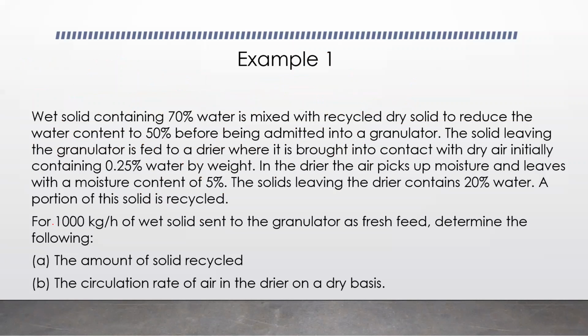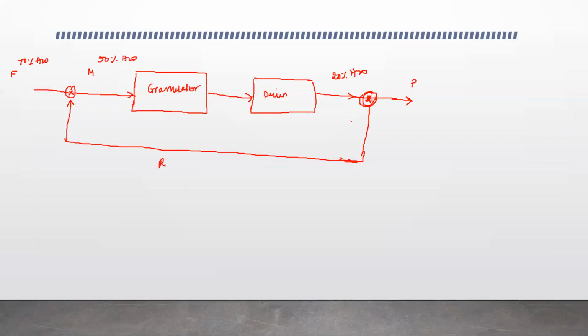They have clearly mentioned that a portion of this solid is recycled, so even here we'll have 20% moisture, and in the recycle stream we are also going to have 20% moisture.